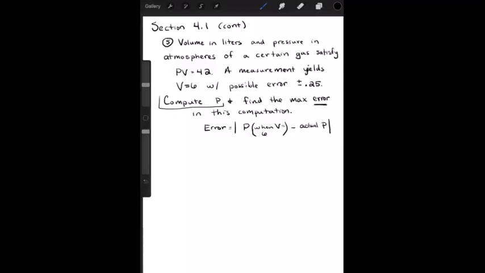Like, what would have to be the case for this to give us the maximum error that we could possibly be computing?